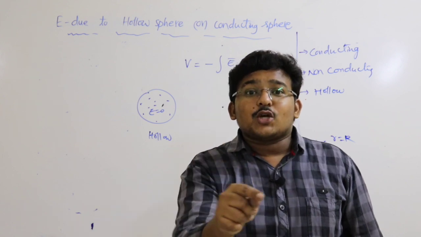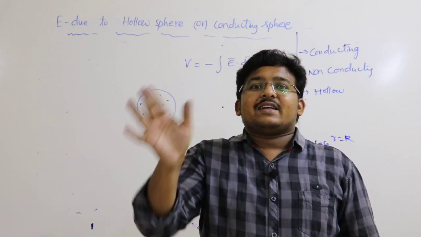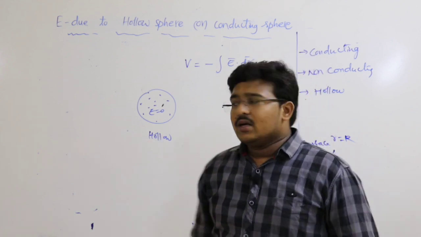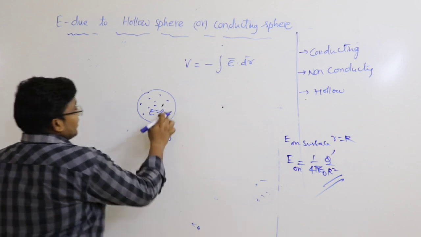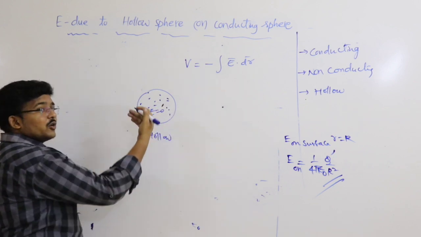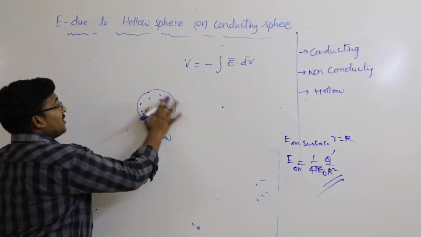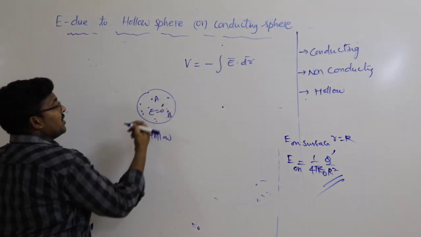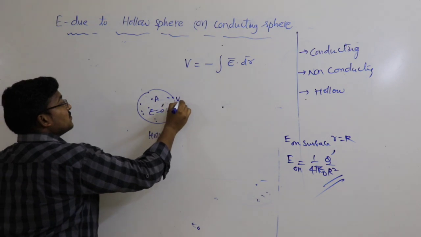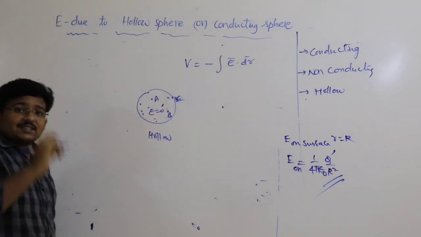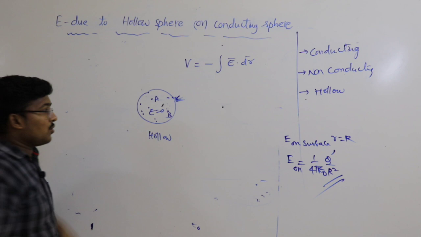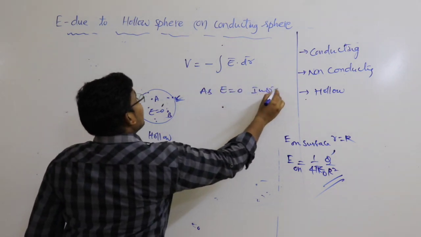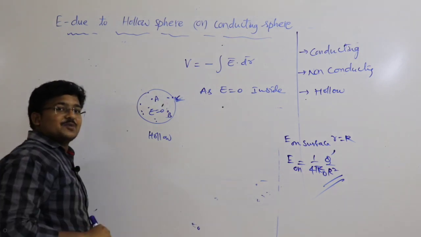It means electric field is 0 inside, so at every point inside you can take, they have the same voltage or same potential. Inside this sphere you can take any point. Let me take a point A, point B, and on the surface C. As electric field is 0 inside, potential must be the same.